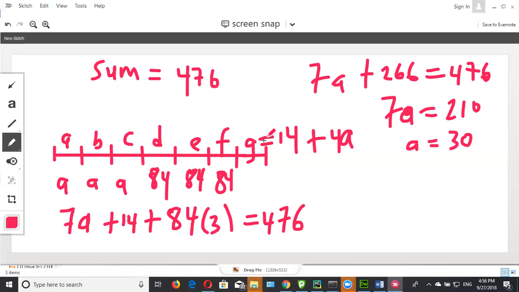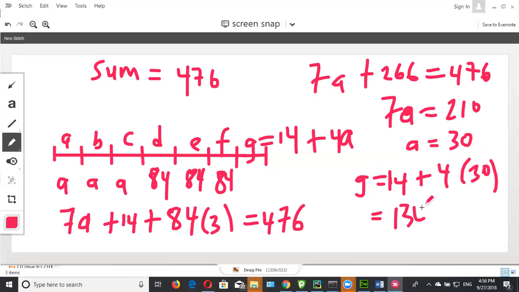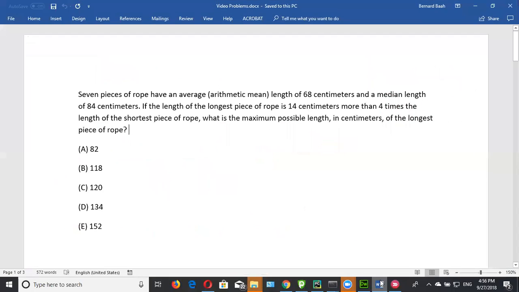Well, we're looking for the value of G, not A. So we have to plug A into the expression for G, 14 plus 4A. So this is 120 plus 14, or 134. So G is 134. This is answer choice D.